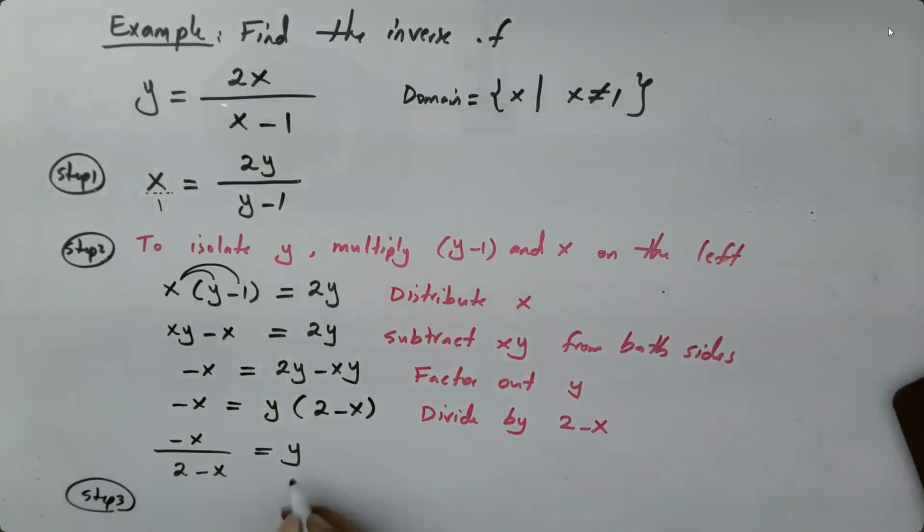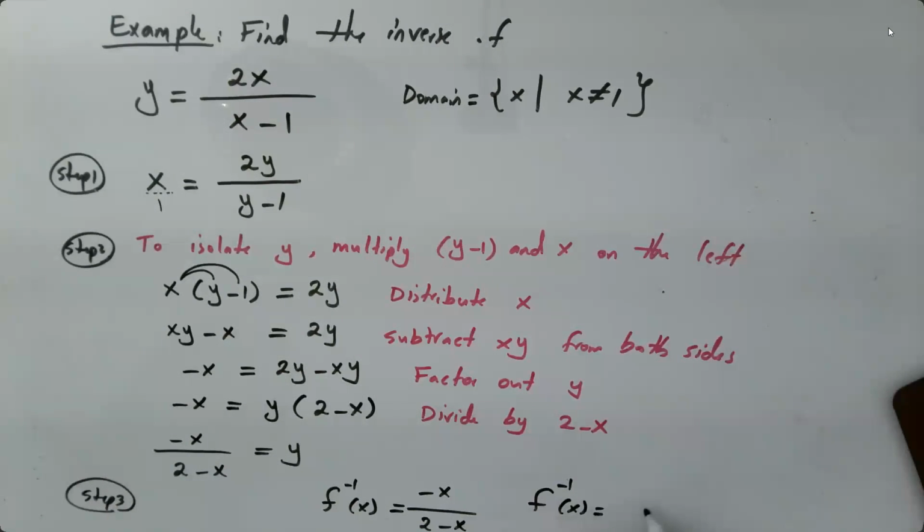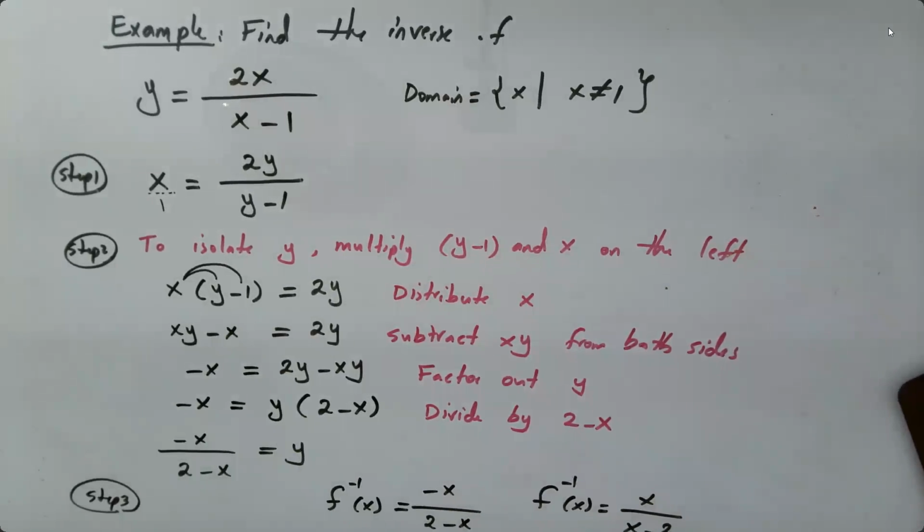Step 3. Use inverse function notation for y, and you have negative x over 2 minus x, or you can simplify this more, x divided by x minus 2. I distributed this negative sign on my denominator.